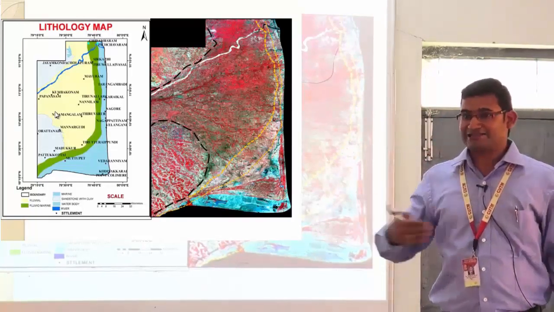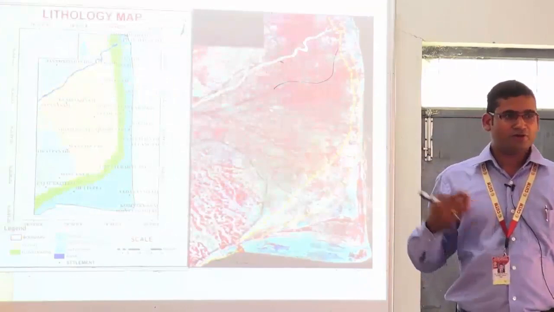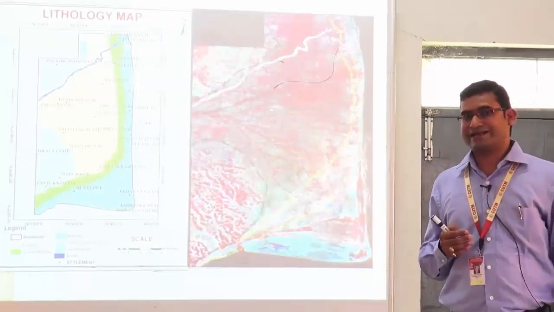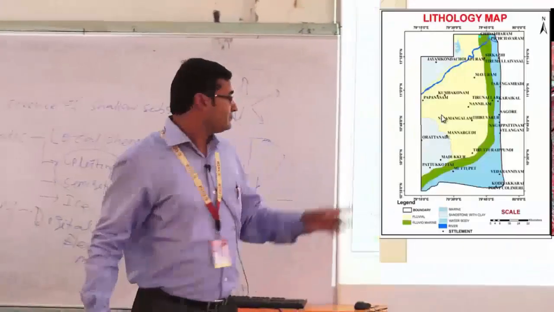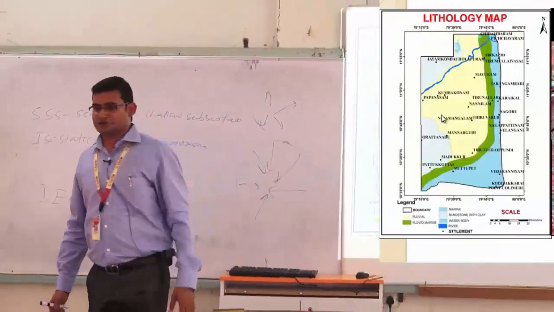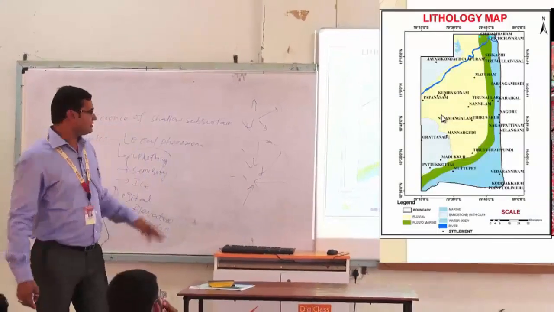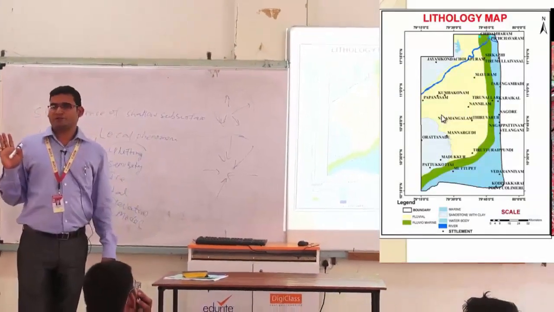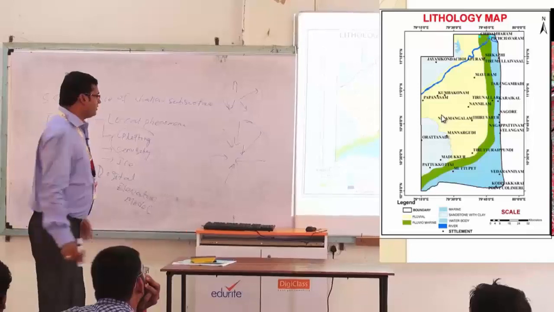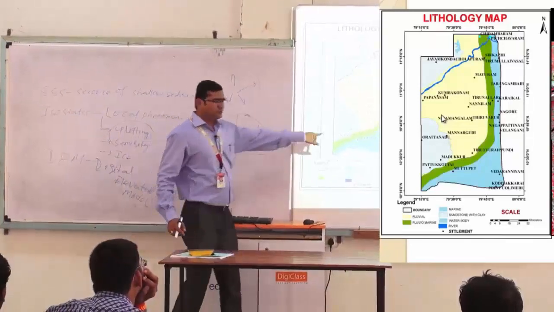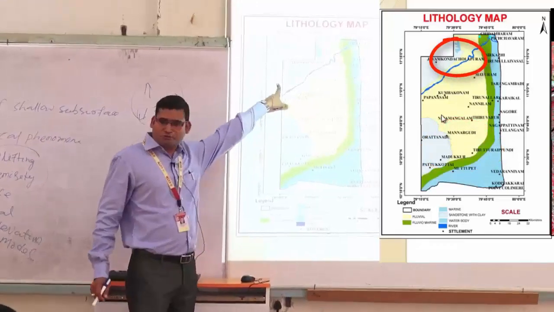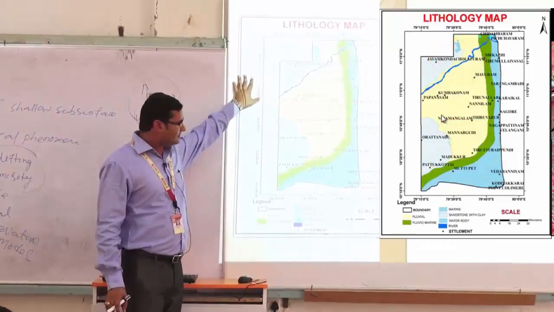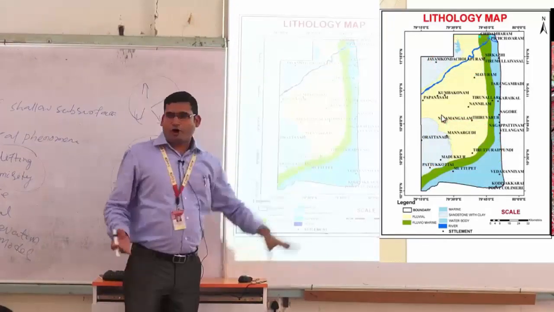And if you analyze broadly to identify the surface architecture or to bring out the surface signature, as far as the litho unit is concerned, there are four types of lithology present. In the western part, where Pattukkottai and Mannargudi are, and here Jayankondam, two locations, there are two uplands.